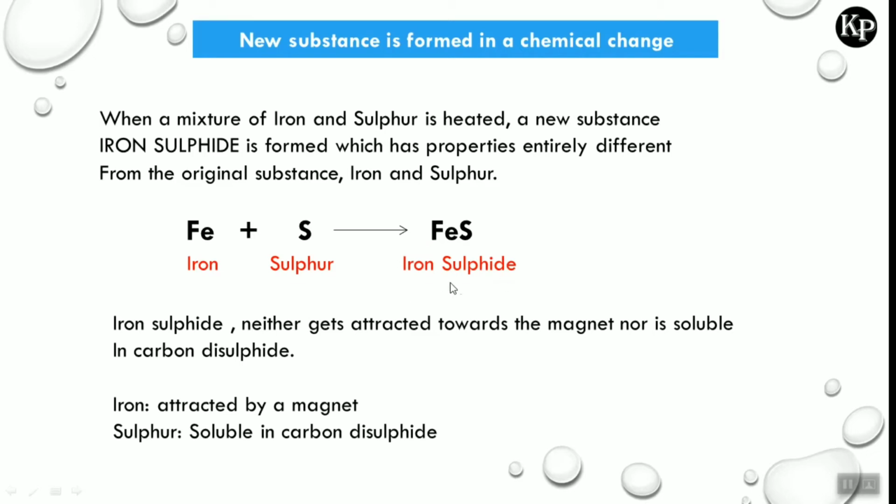Iron is attracted by a magnet and sulfur is soluble in carbon disulfide, but these two properties are not present in iron sulfide. So the new property is completely different, and a new product is formed in chemical changes.